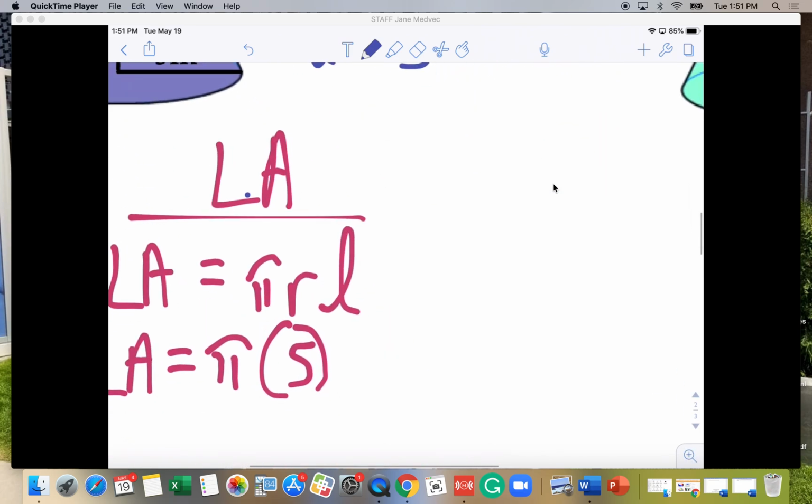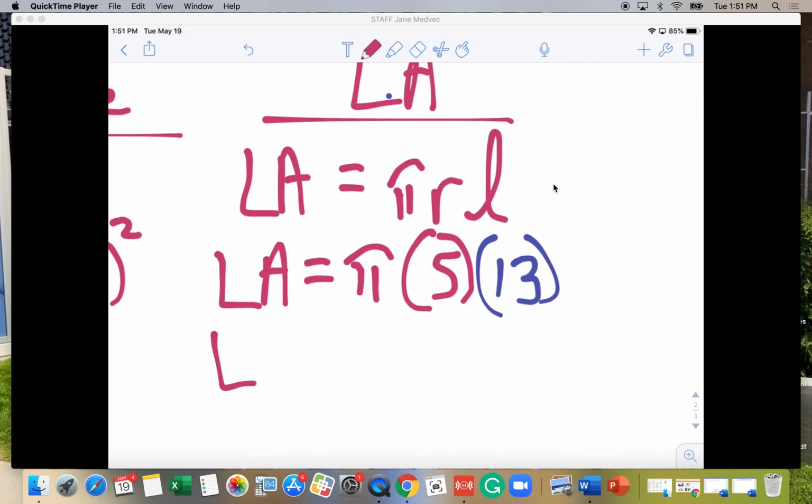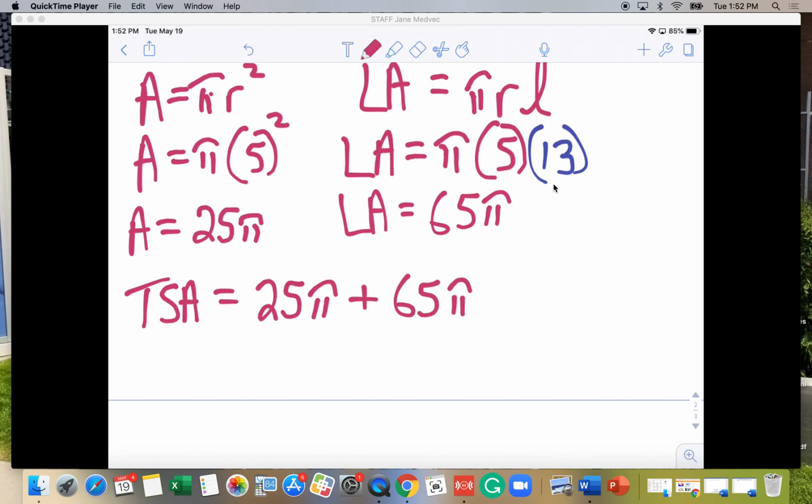So I'm going to take that down and put that here. So the lateral area then equals 13 times 5, and I get 65 pi. Then the total surface area is the base, which is 25 pi, there's only one, plus the lateral area, which is 65 pi, and you're going to notice there's only one.